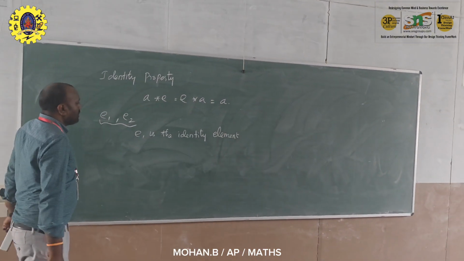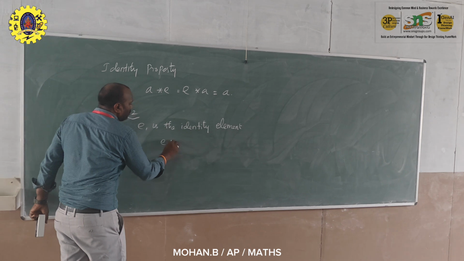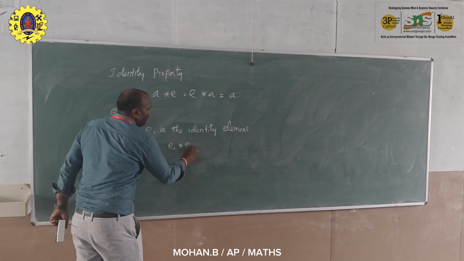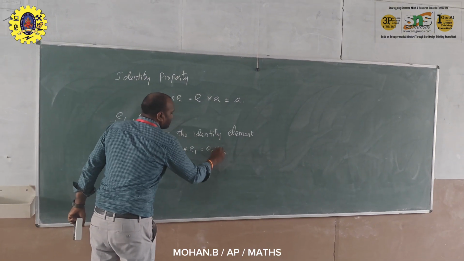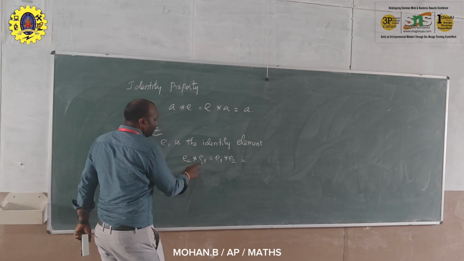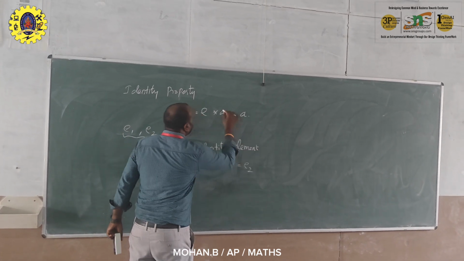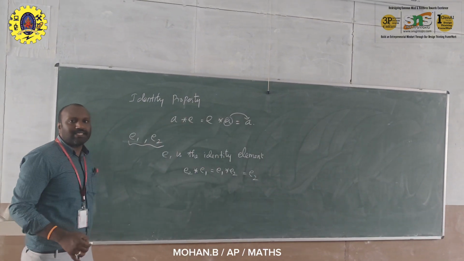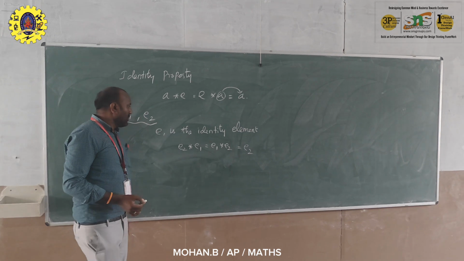Let me see A star E. So E2 star E1 is the identity element, so E1 is equal to E1 star E2. So the value is the same here. When E1 is the identity element, the answer is E2, because whatever element we take, the same element will come as the answer. That is the basic property of identity element.